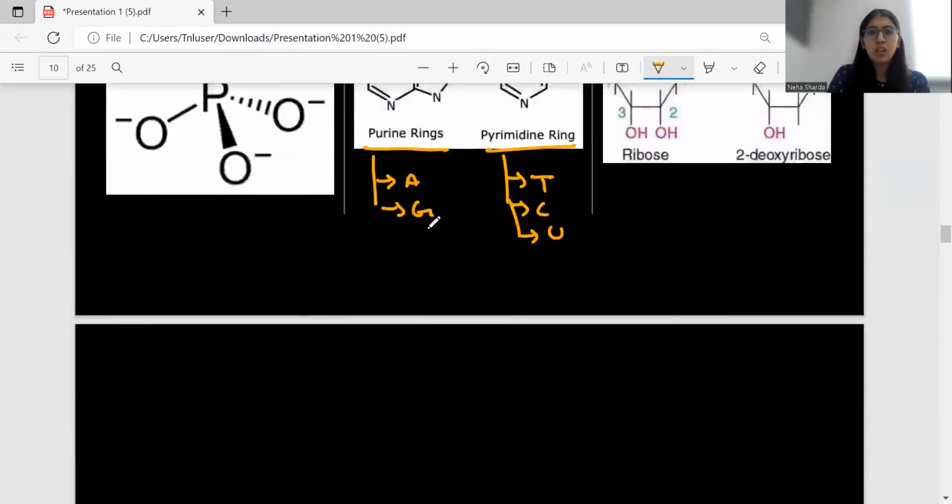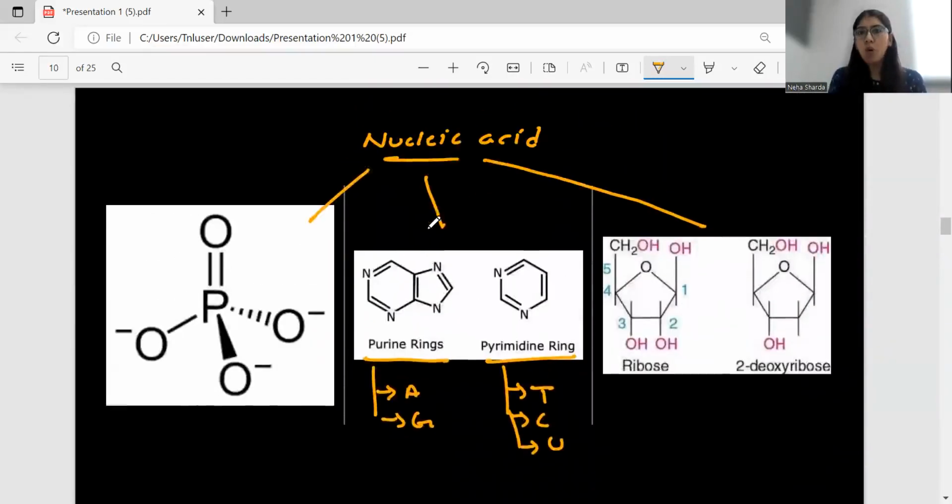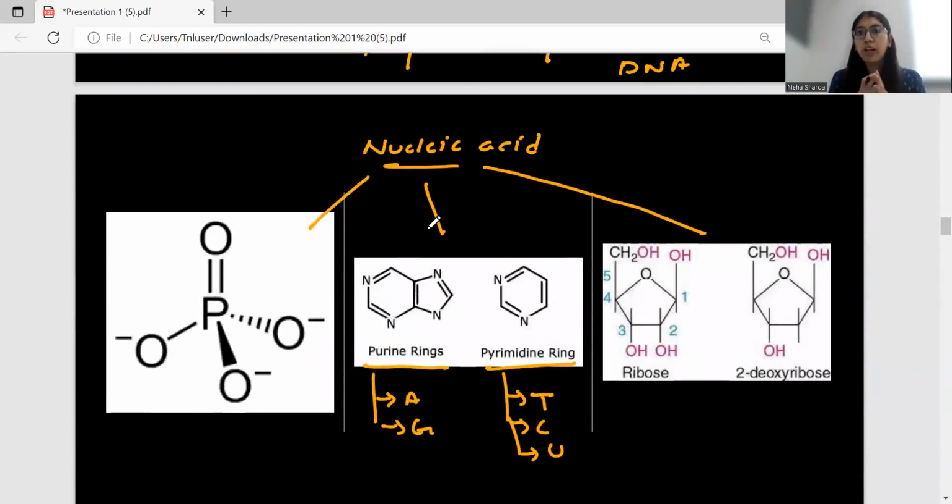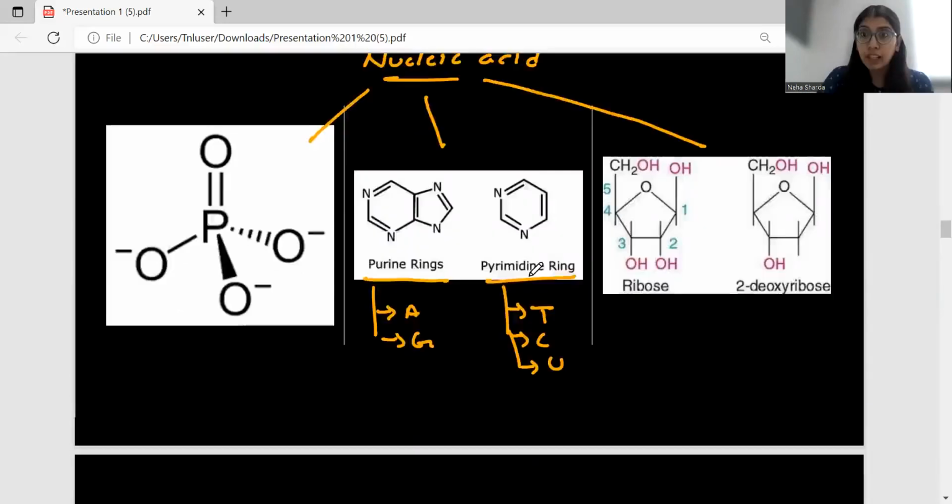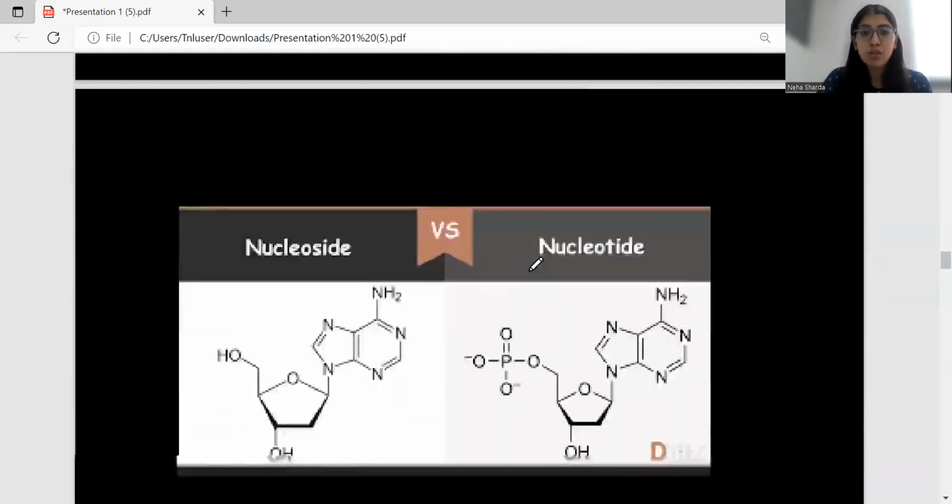Now we have to make bonds between them. They have to attach with each other. They have to form bonds to make DNA. First we will form a nucleoside.